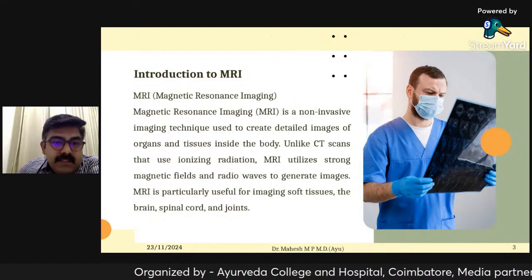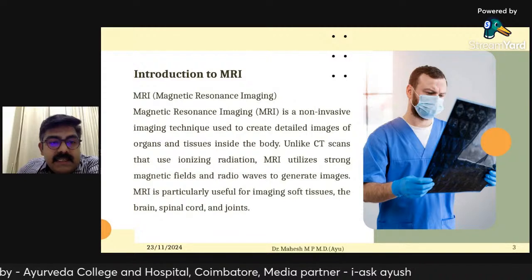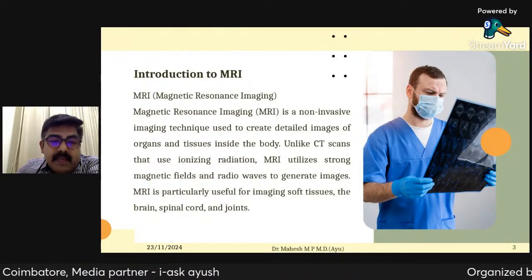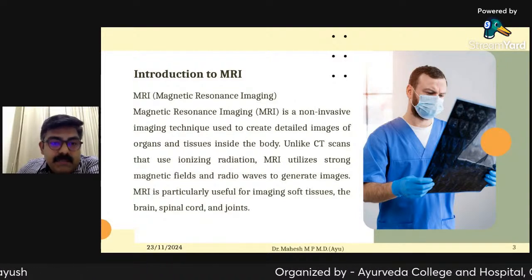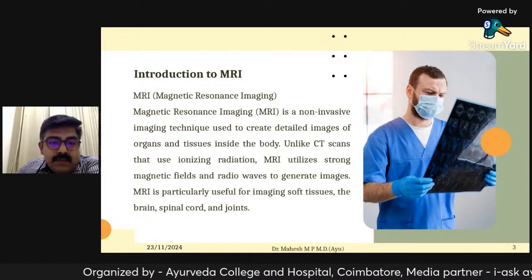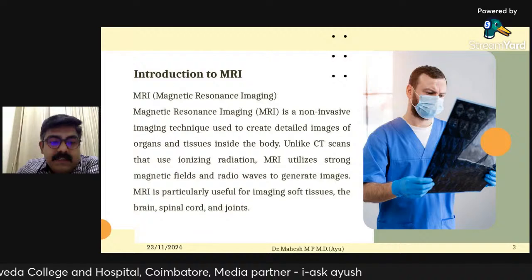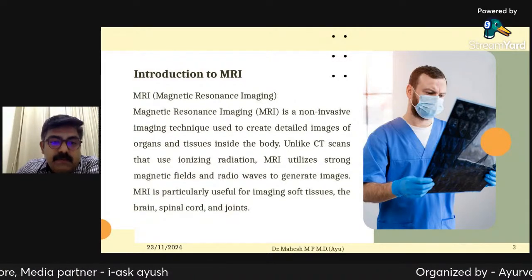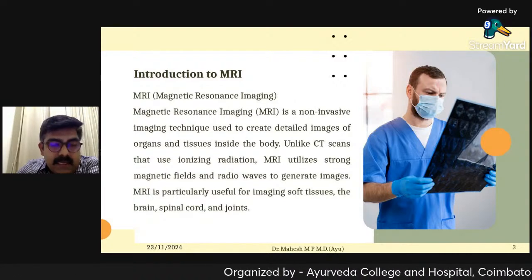Magnetic resonance imaging is a non-invasive imaging technique used to create detailed images of the organs and tissues in the body. Compared to CT and others, which involve more ionizing radiation, MRI utilizes a strong magnetic field and radio waves to generate the images. MRI is particularly useful for imaging the soft tissues, brain, spinal cord, and joints.